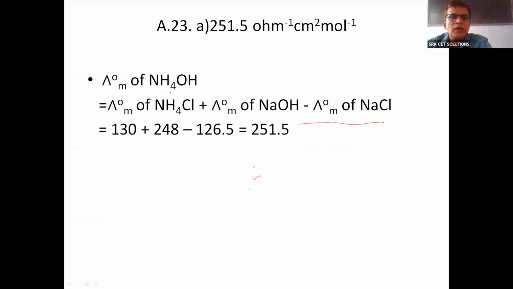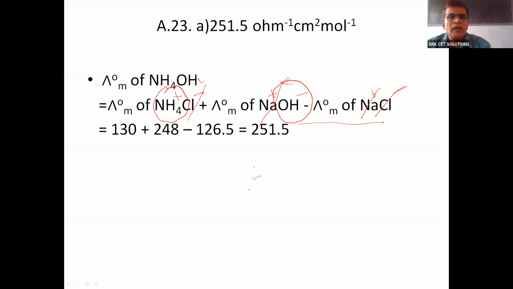Why did this come like this? This is NH4 plus Cl minus, this is Na plus OH minus, this is Na plus Cl minus. Since this is minus, Na plus goes, Cl minus goes, and what remains here is the two ions OH minus and NH4 plus.